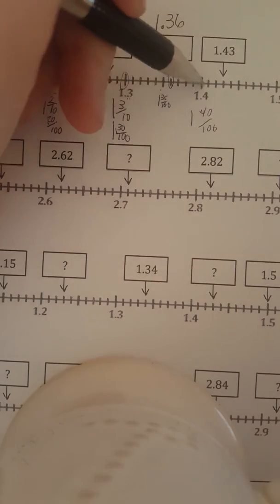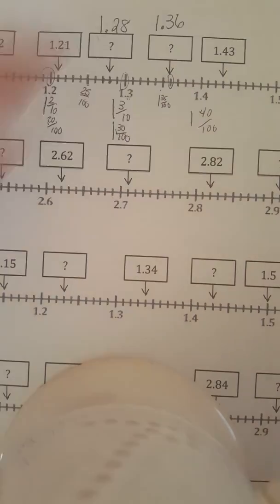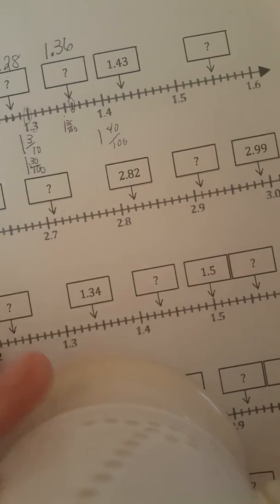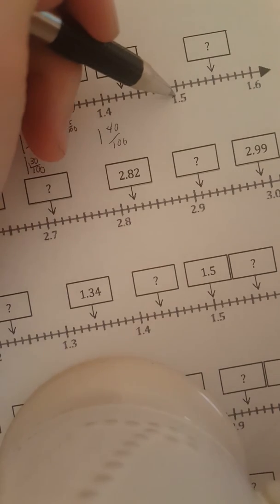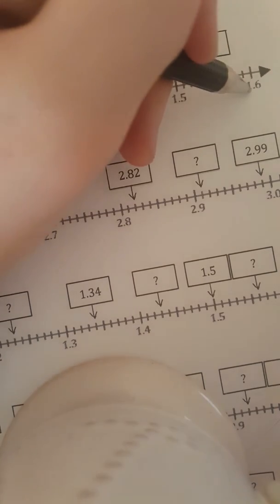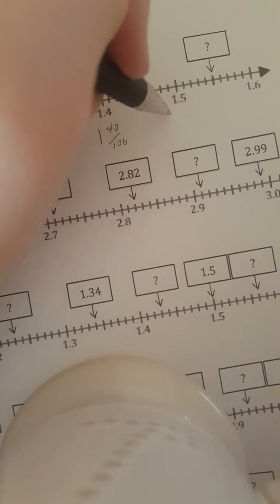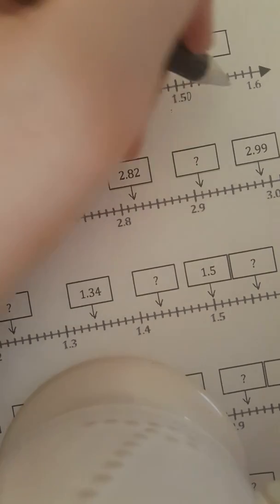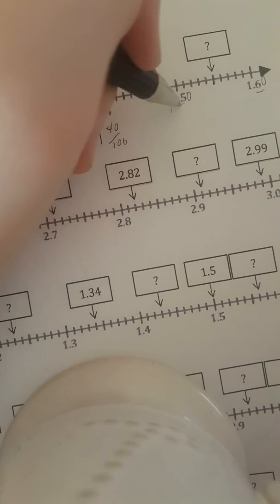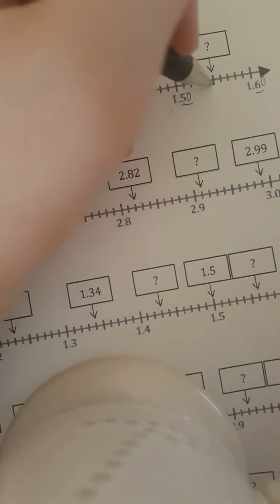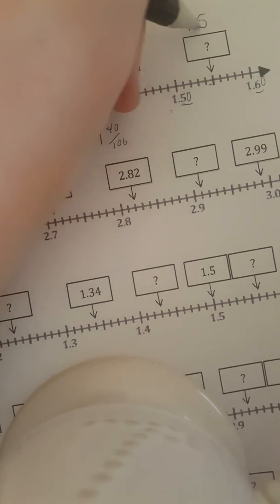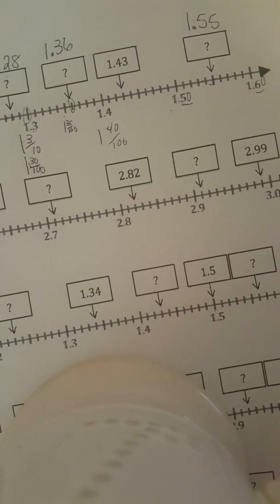Here's the 1 and 40, 41, 42, 43, and there's one more. So here's 50, 60, so this one here would be 55. Just put a 0 behind there to think of that as 60 over 100, 50 over 100. So this one would be 1 and 55 hundredths.